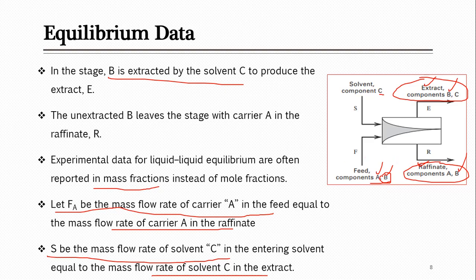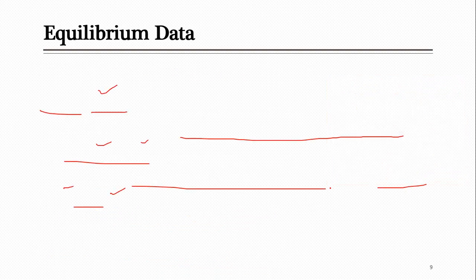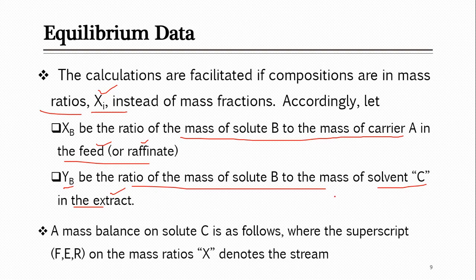Here B was available in the solute, and then this will become part of the extract as well as the raffinate. I am sorry, I think here is a small mistake. This solute will be B, not C. We are applying the balance on solute B, and solute B is part of only the feed, and then it is distributed into 2 parts. One is extract and the other is raffinate.